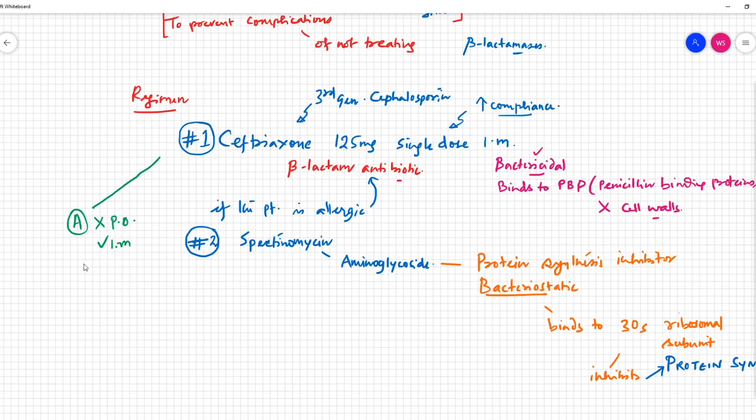What's the other thing we need to remember? Distribution. It is distributed to all tissues and it crosses the BBB, the blood-brain barrier. Okay, so it has got good CNS penetration. Let's write it down. Good CNS penetration.